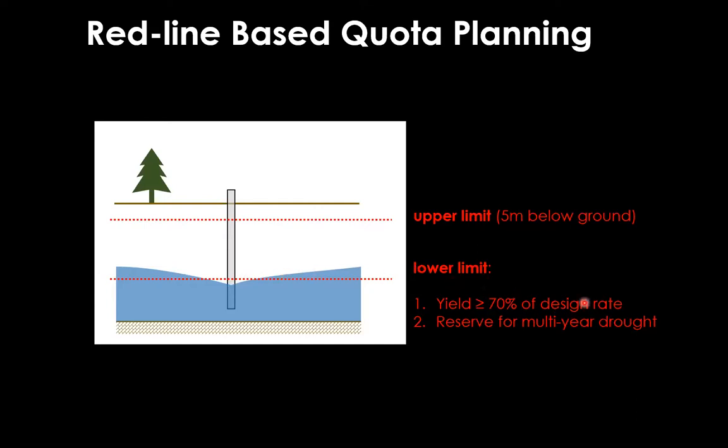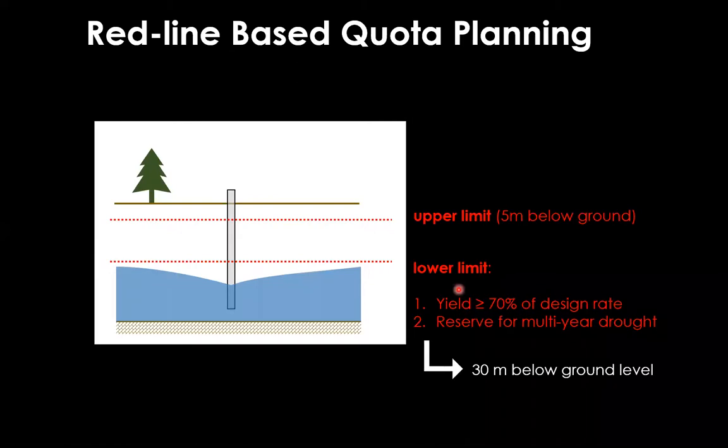And this amount of storage is translated into the equivalent change of groundwater level, and then we added it up to the first criterion. So in the end, we obtain the final value for this lower limit, which is 30 meters below the ground in Guantao.